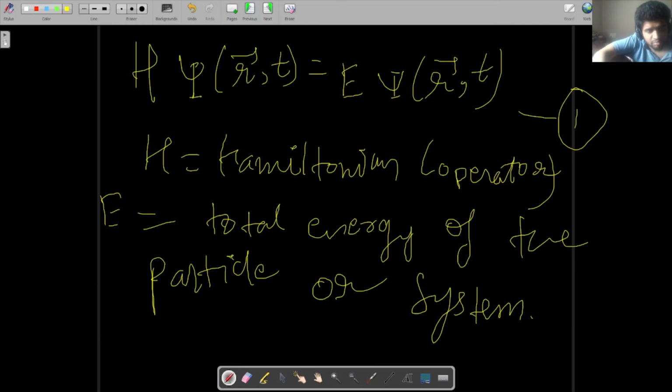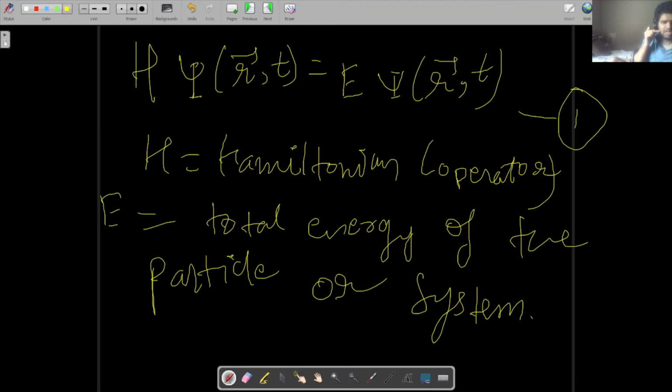Now let's move on towards the further topics. So H is basically the Hamiltonian operator. You will learn about the operators in detail in the upcoming classes, but for the time being, accept the things as they are. E is the total energy of the particular system.